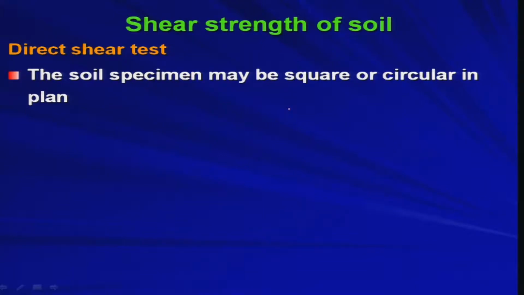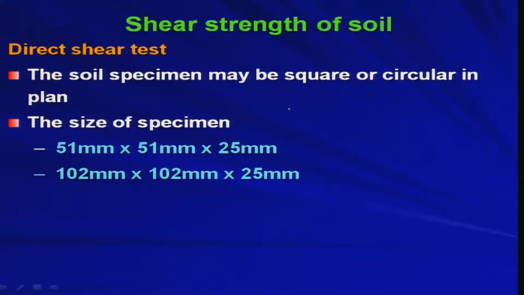So, the box, the mold I told you about, could be circular or square in cross section. The size of the specimen is 51 millimeter by 51 millimeter by 25 millimeter. Two types or two sizes are available. The first one is 51 by 51 by 25 millimeter, another one is 102 by 102 by 25 millimeter.